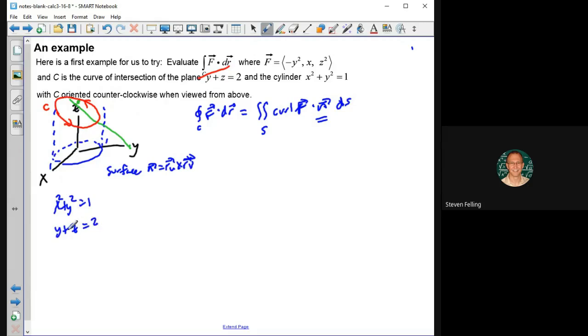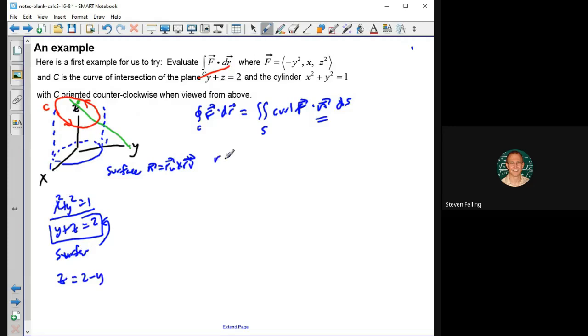The boundary of it is being set by this, but really this is what's determining the surface itself. It's really just a portion of this plane. So this really is an expression for the surface. The x squared plus y squared equals 1 is giving me a boundary on that surface, but the surface itself could just be expressed as z is 2 minus y.